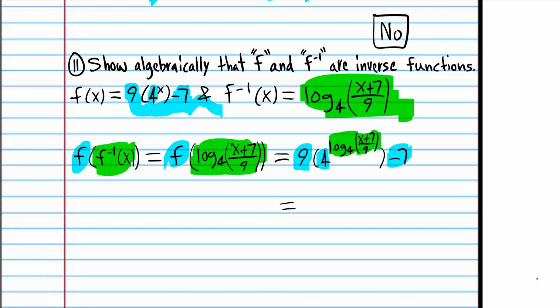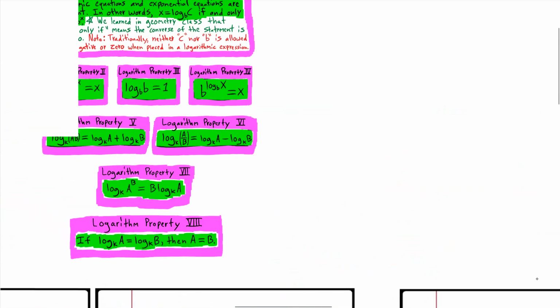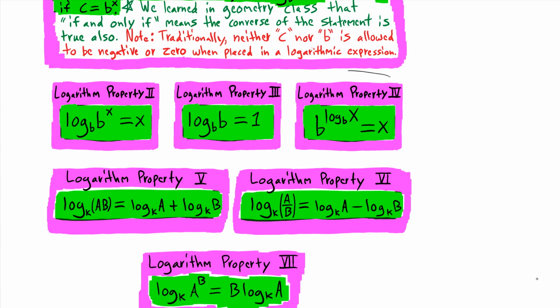So we need to use an exponent rule here. We're raising a logarithm, and notice that the bases are the same. So that's this property here. So the expression just becomes whatever's in the log function.